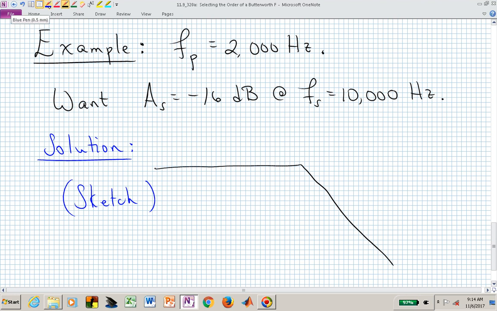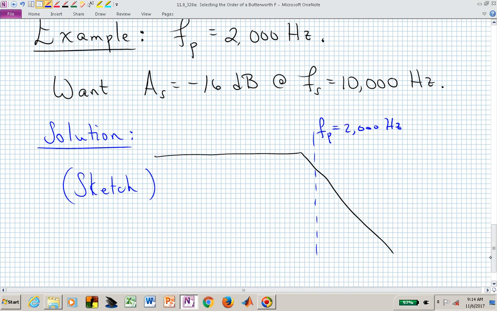In this particular problem, I've been told that here is my pass band frequency, and that's 2000 in hertz. My stop band frequency is a factor of 5 beyond that, so it's really not even a decade beyond that.